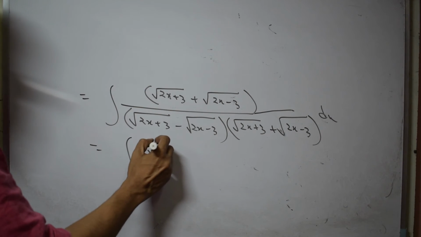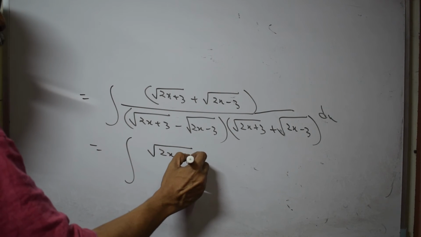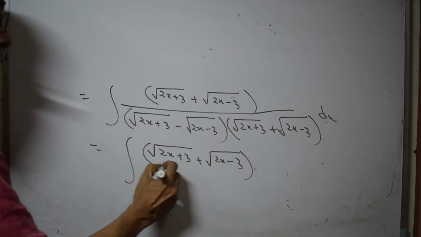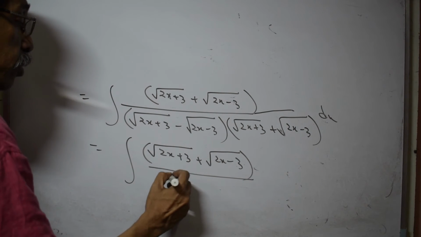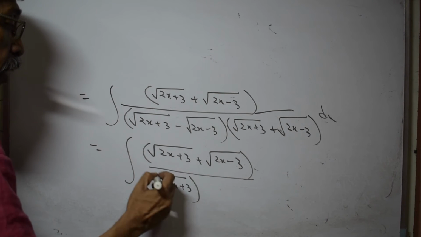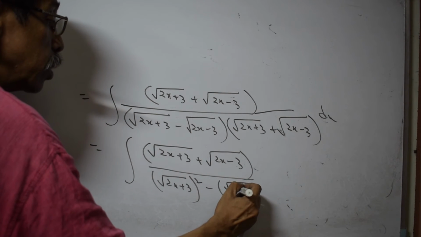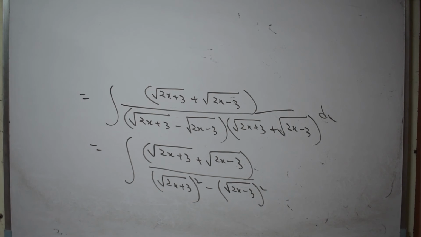That means root over 2x plus 3 plus root over 2x minus 3, and the denominator is root over 2x plus 3 whole square minus root over 2x minus 3 square, a square minus b square. So the formula is a square minus b square.